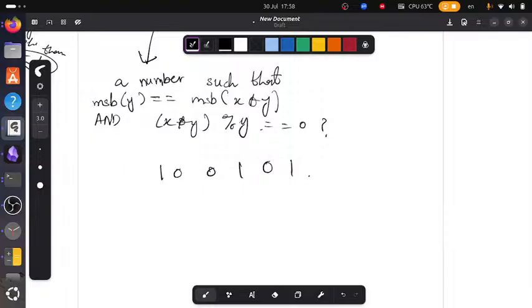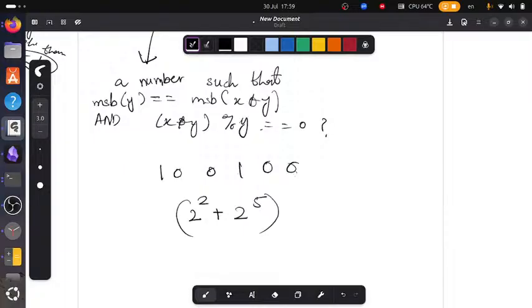So this is 2 to the power of 0 plus 2 to the power of 2 plus 2 to the power 5, right? 0 1 2 3 4 5.